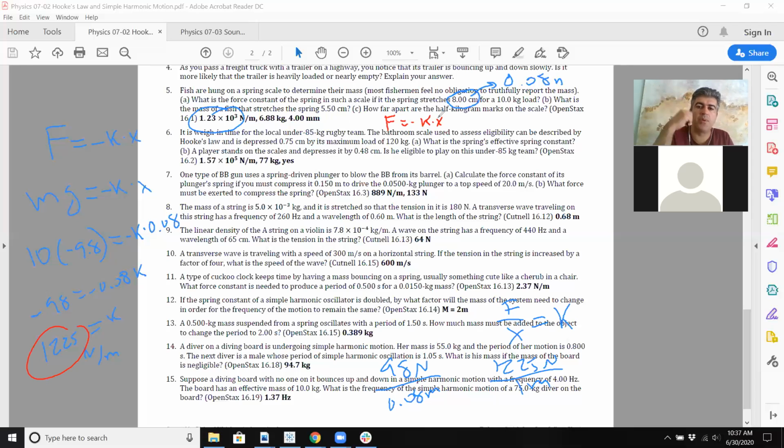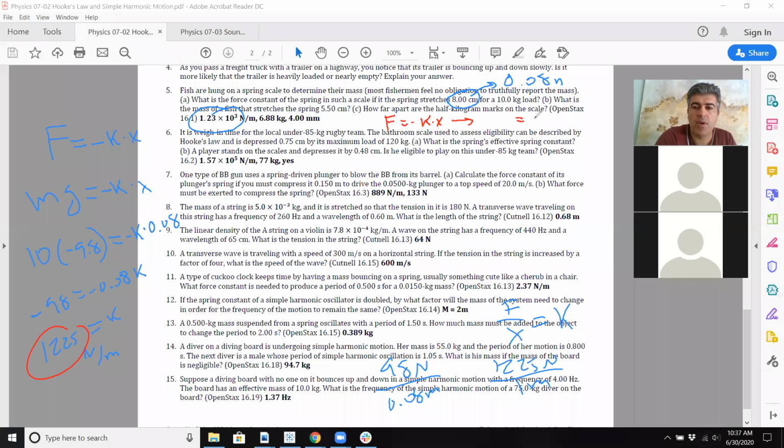So what can I substitute into my equation now, Steve, for part B? K, which is negative 1225, good. So negative 1225. And then what can I plug in for x? And what's that going to be for part B? Is that negative 9.8? No, x. X is distance.